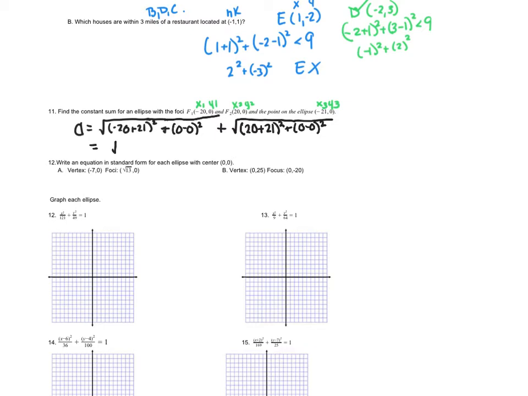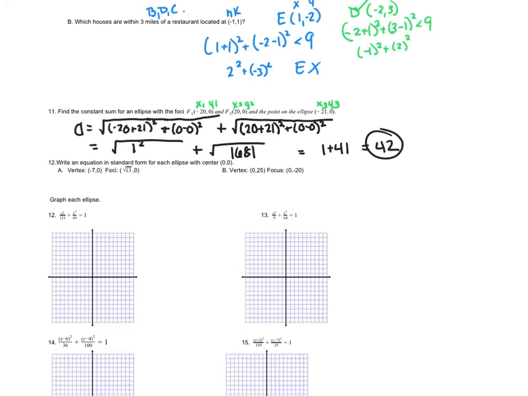This is going to be the square root of negative 1 squared, or 1 squared, plus the square root of 1681, which is 41, so that gives us 1 plus 41, which is 42.